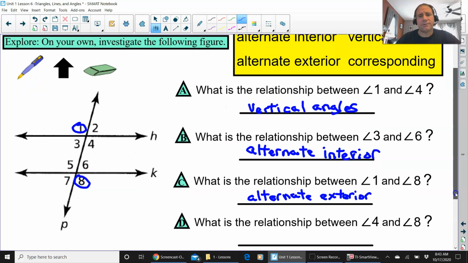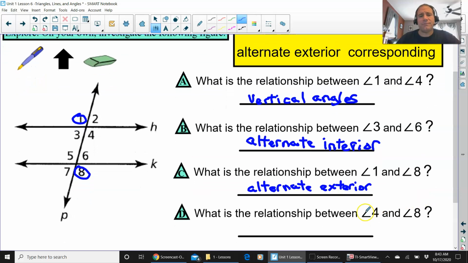And the last question, what is the relationship between 4 and 8? So I'm going to erase those again. 4 and 8. 4 is in the lower right-hand location of the top, and 8 is in the lower right-hand location of the bottom.